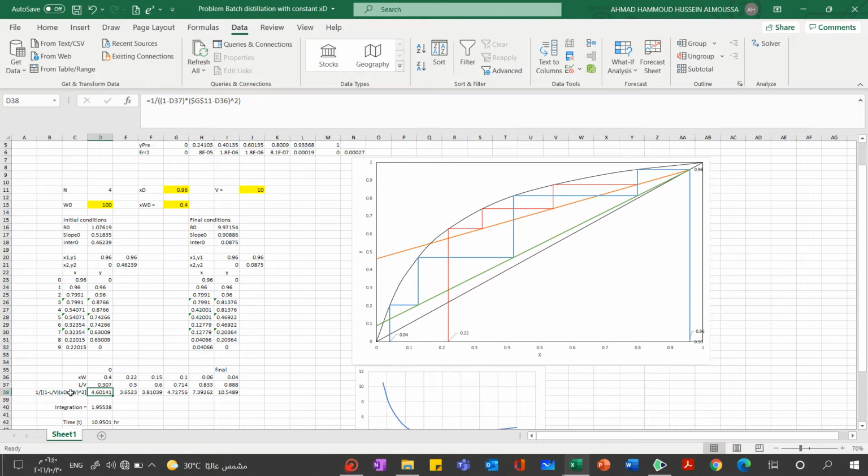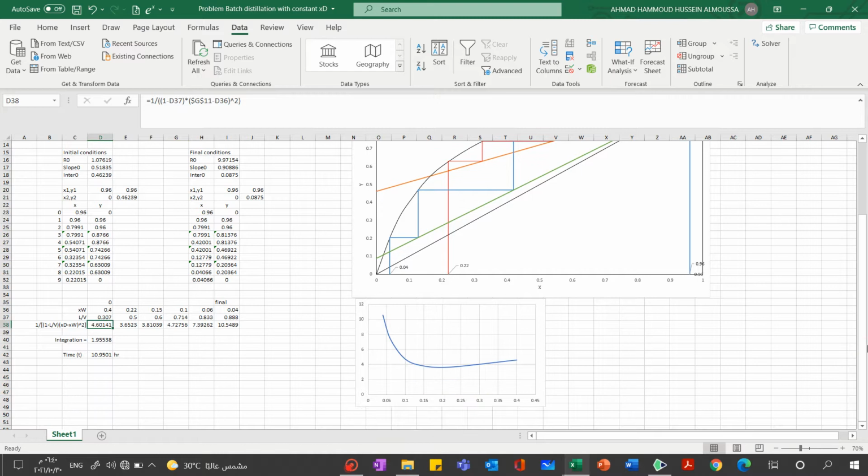This y value is for integration, and like what you see here, from this code, it will calculate it for you. So you don't need to put anything here. This will be ready for you to take.